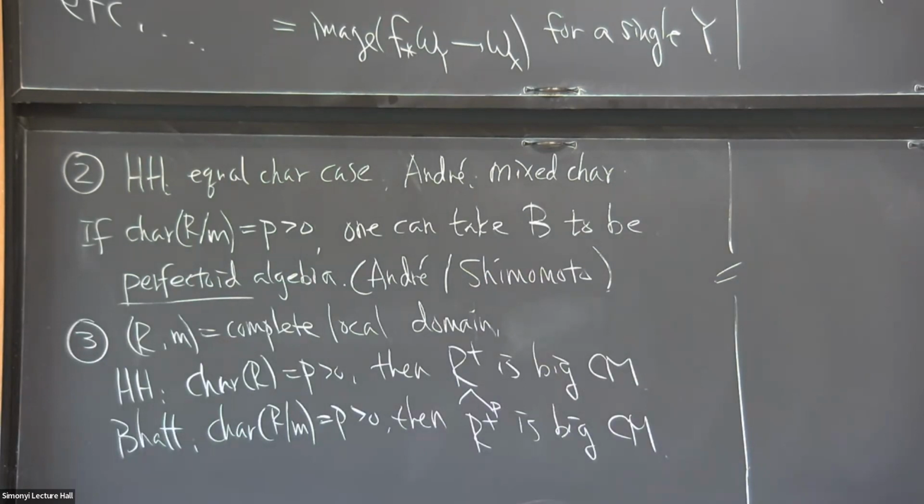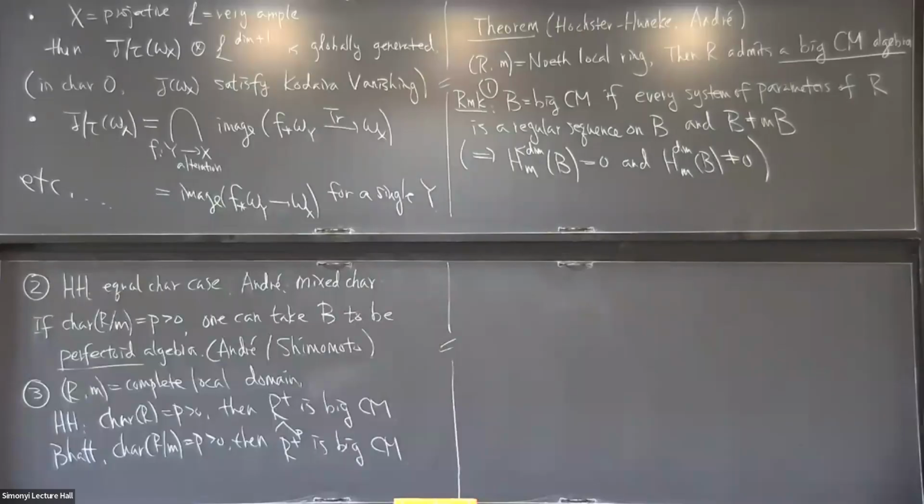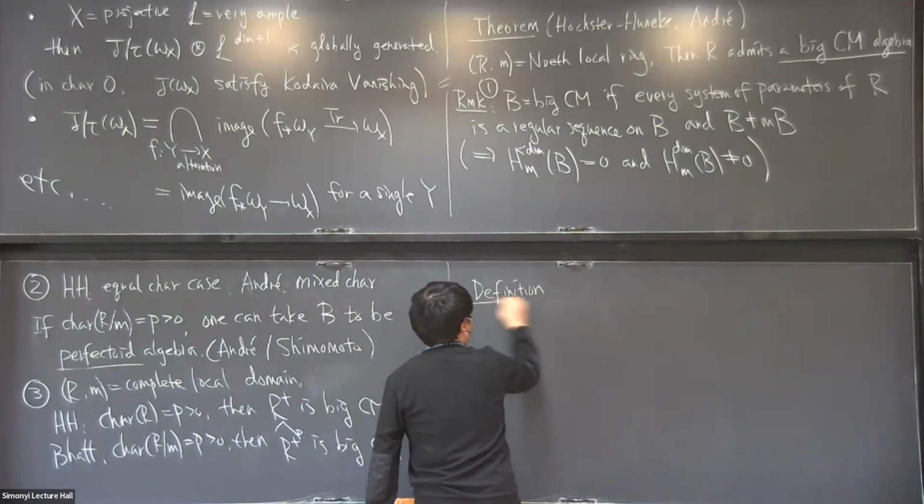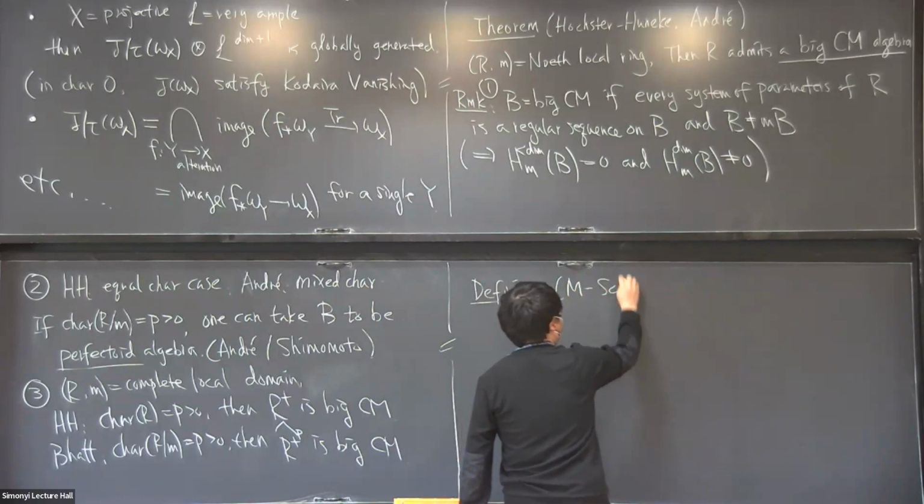Okay, so these are some recent progress in mixed characteristic commutative algebra. So what can we do, and why are these big Cohen-Macaulay algebras useful? Here's a definition that I made with Schwede several years ago.